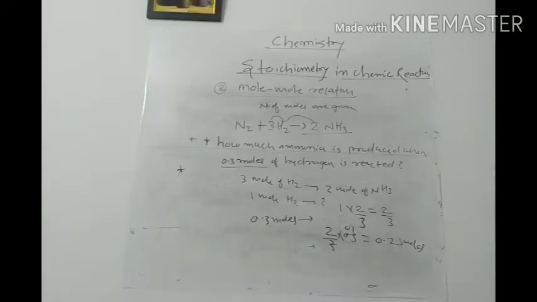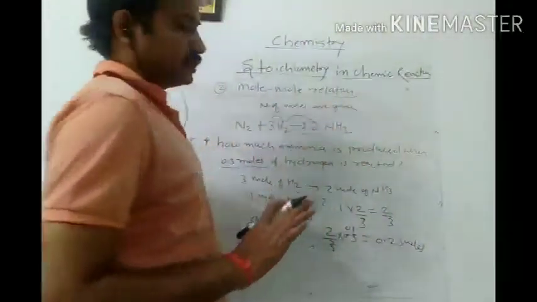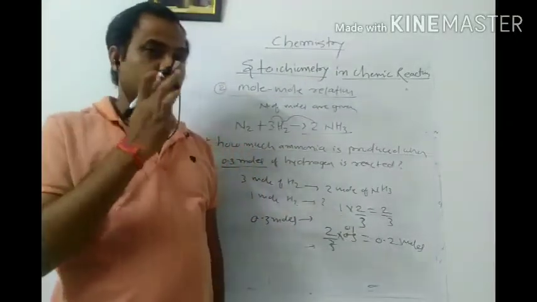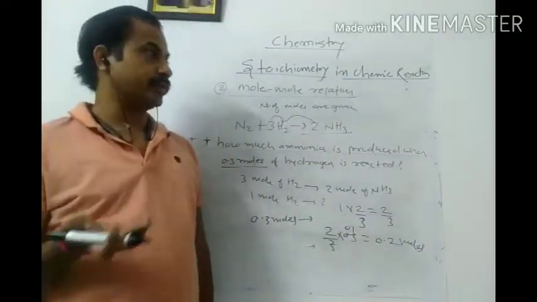After this we are going to discuss the third relationship, through which we will easily understand stoichiometry in a chemical reaction.